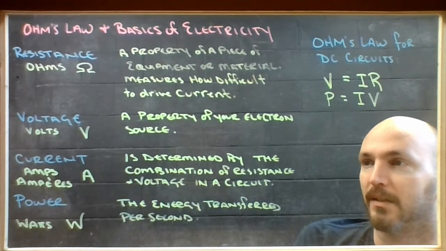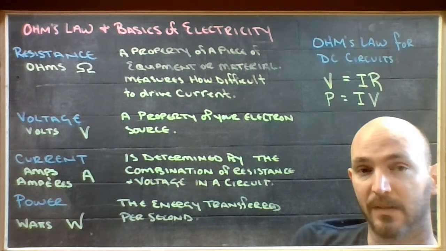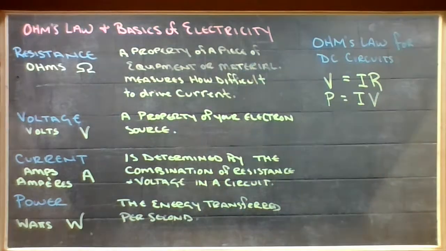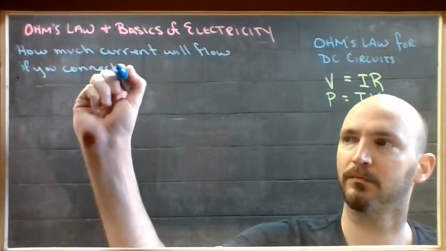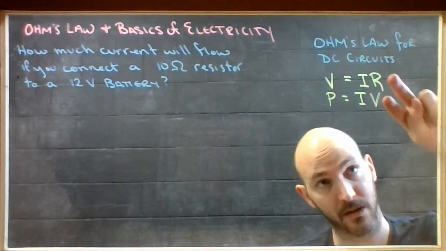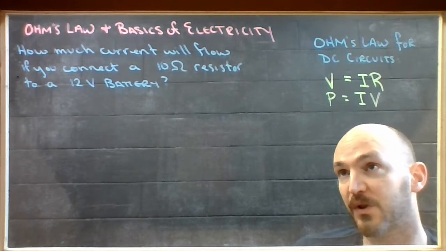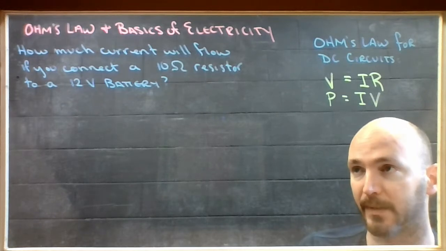So I'm going to erase all this stuff, and we're going to try just a quick little example of how to do some calculations. Based on Ohm's law and the power equation there, how much current will flow if you connect a 10 ohm resistor to a 12 volt battery?